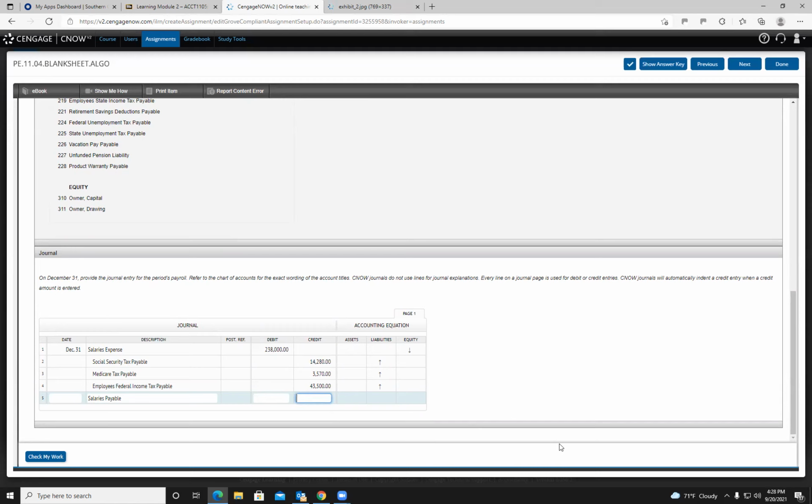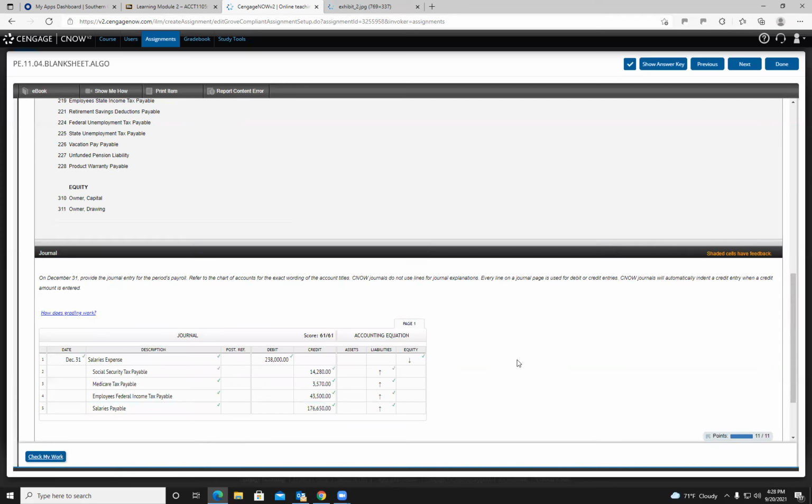And we're going to subtract out all other withholdings. So we'll subtract out the Social Security withholding, we will subtract out the Medicare tax withholding, and we'll subtract out the federal income tax withholding. Okay, so if we did our math right, there we go.